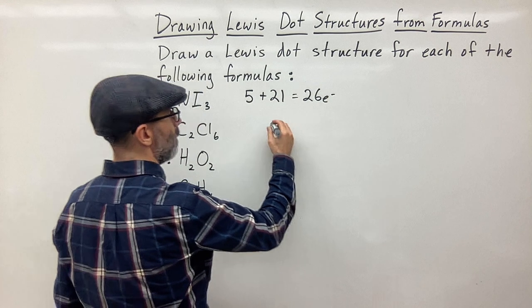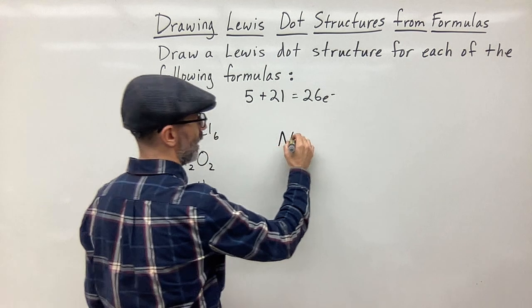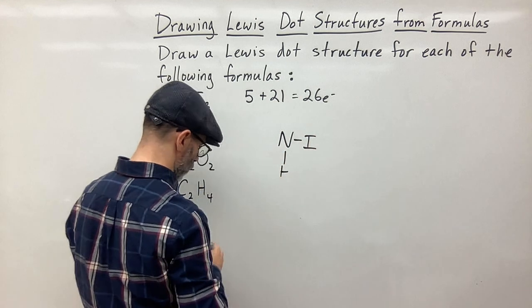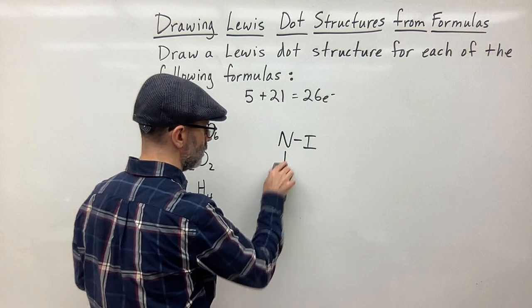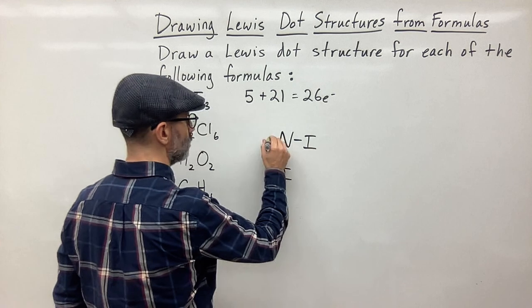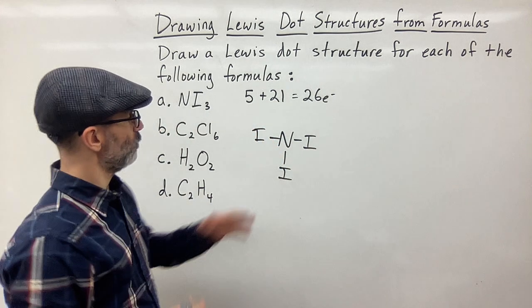So if we put nitrogen as our central atom, we're going to bond the 3 iodines to the nitrogen. And so that's step 2.